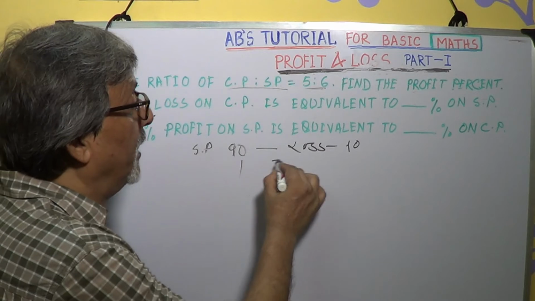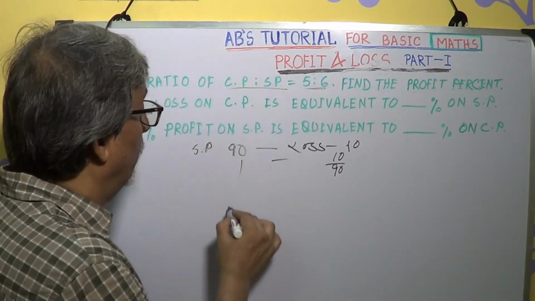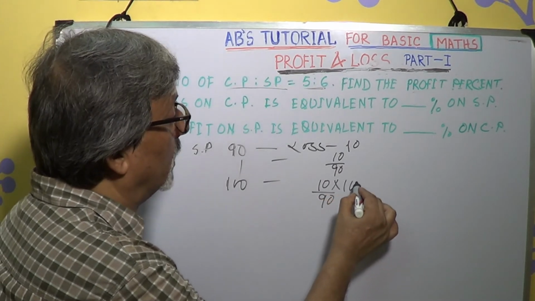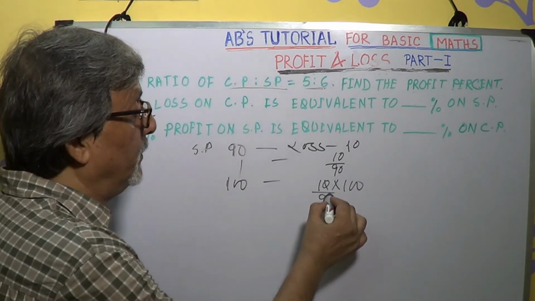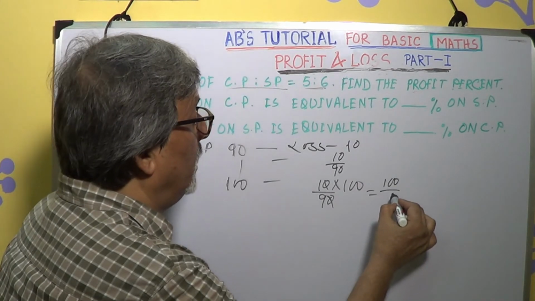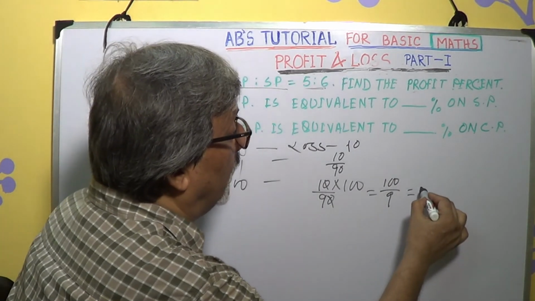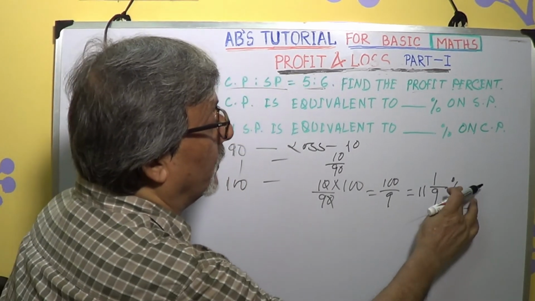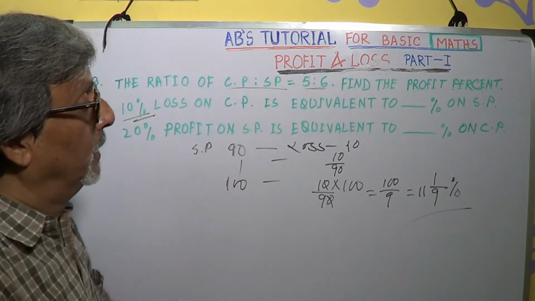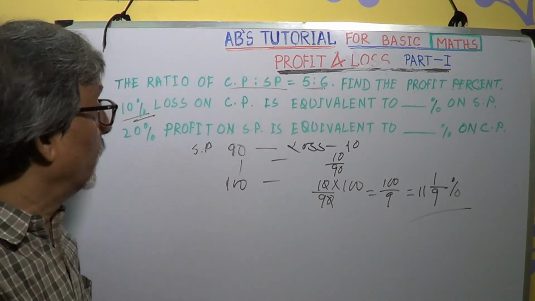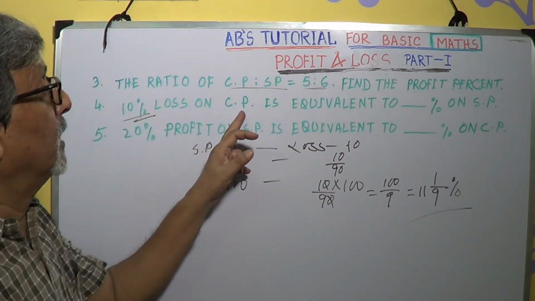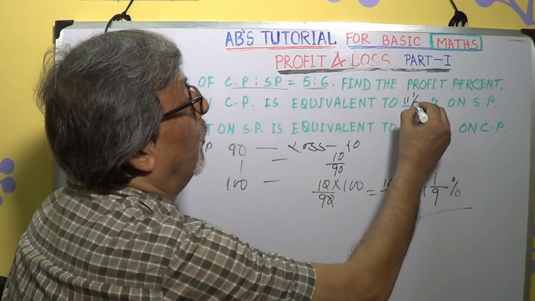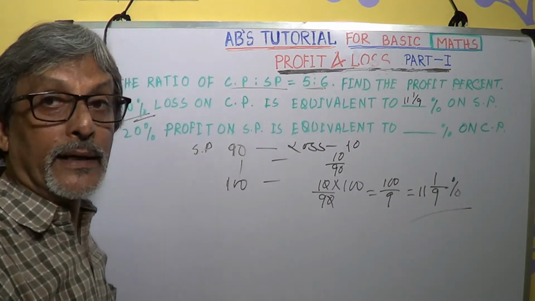And when it is 1, it becomes 10 by 90, and when it becomes 100, it becomes 10 by 90 into 100. Okay, so this becomes 100 by 9, that is 11 and 1 by 9%. So 10% loss on CP is equivalent to 11 and 1 by 9% on SP.